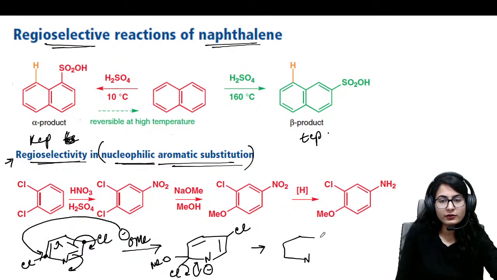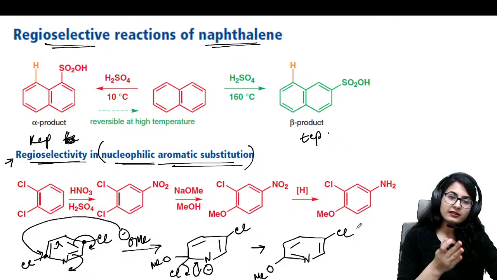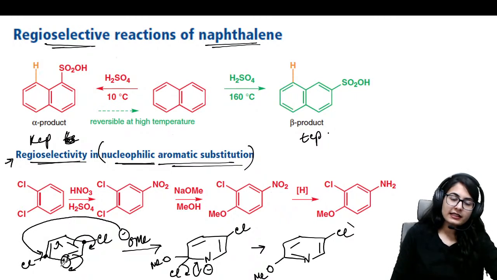So here the chloride is a good leaving group, and hence it leaves to give you the substitution on this position. So absolutely, this is also a regioselective reaction. Why? Because the ortho chlorine is the one which is substituted, not the meta one with respect to nitrogen. That is, I would say कि 2 number पे जो chlorine है, that will be substituted as compared to 3, 4 and 5. Absolutely.